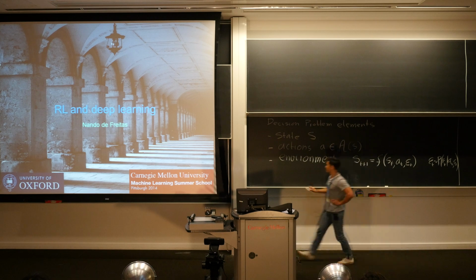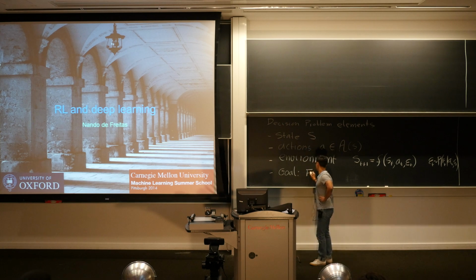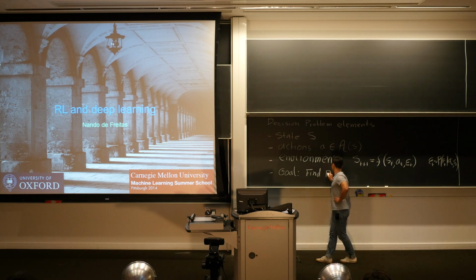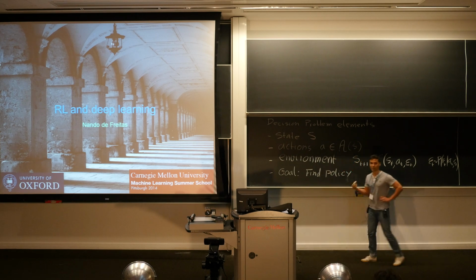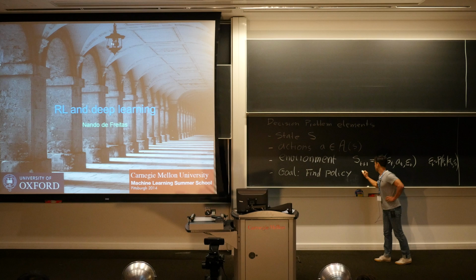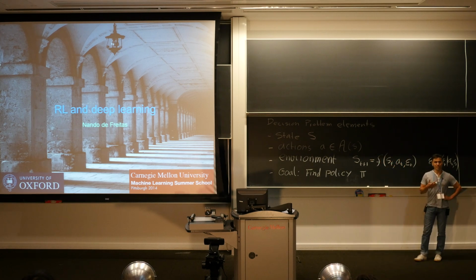The agent has as a goal to find a policy, and you should think of a policy as a strategy. And let's assume that we're going to deal with the agent having to make capital T decisions.